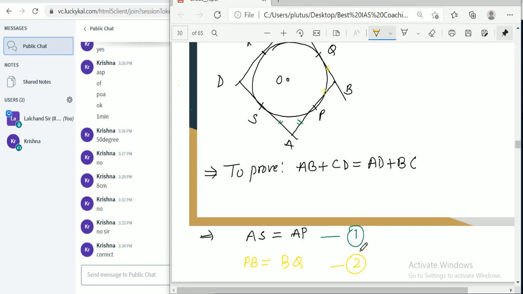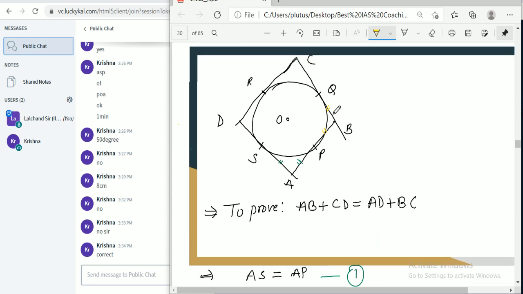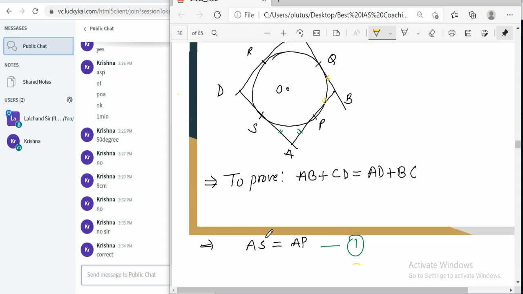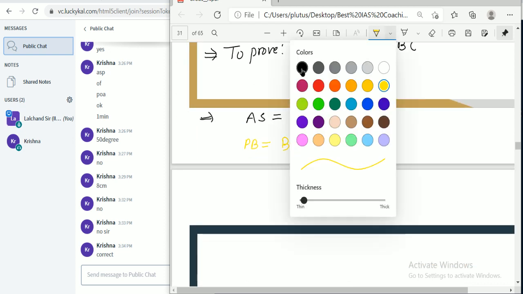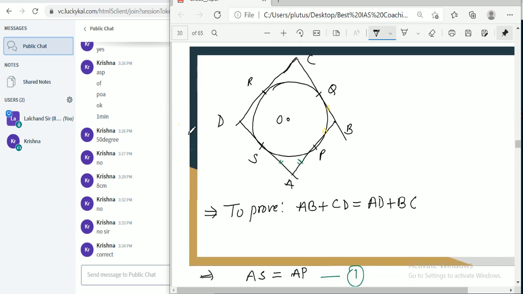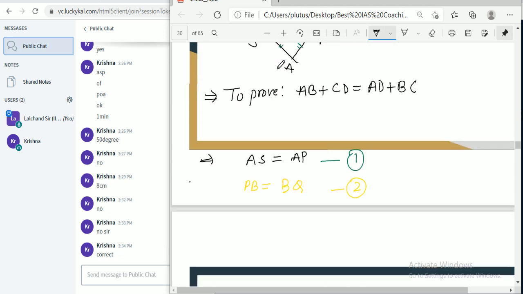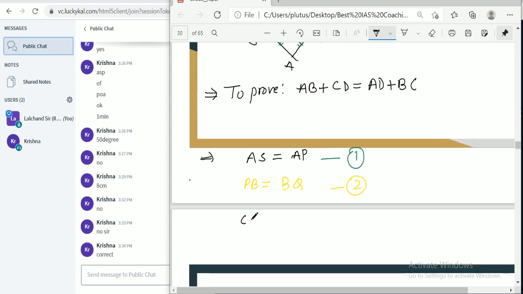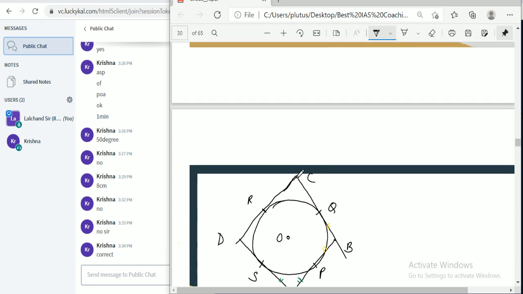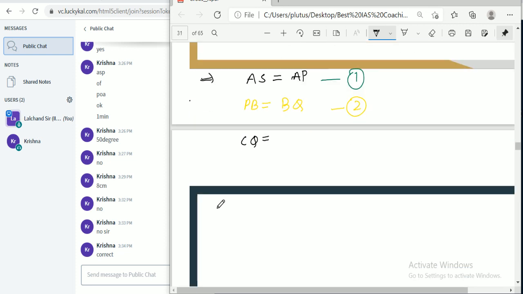Similarly, for point C, we can write CQ is equal to RC. This is equation number 3.